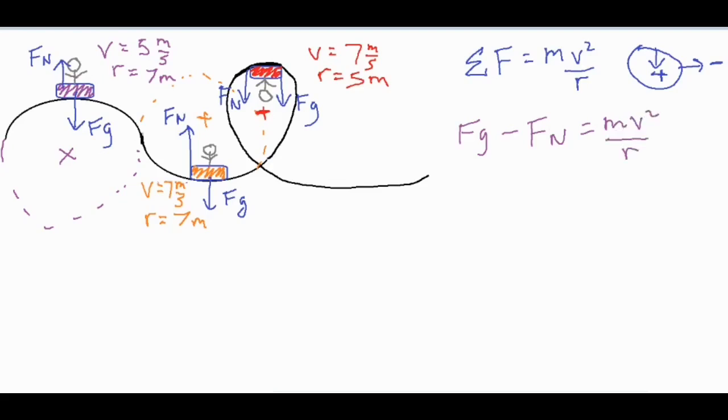Now what you can do is go ahead and plug in all of those values, and then we can find the normal force, and that normal force is going to be the person's apparent weight at that particular position too. So let's plug in our values and see what we get.